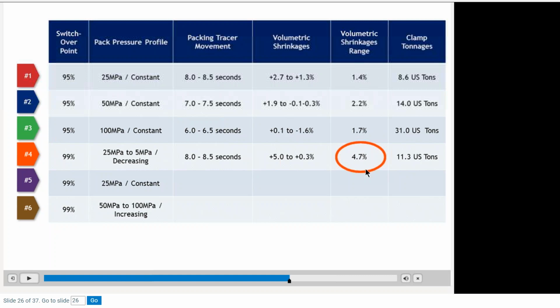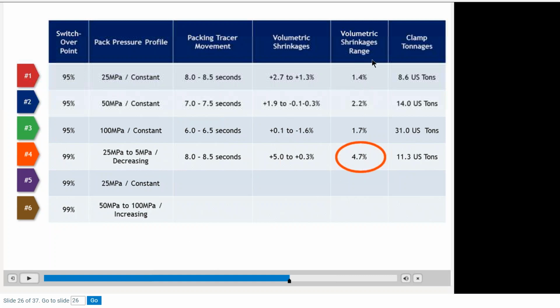significantly go up. But it also tells us, as a processor on the machine, I have some control of the volumetric shrinkage inside the machine, with the process. Is this an ideal scenario? Absolutely not. But again, keep in mind, we are starting to learn processing here in a little bit deeper fashion.